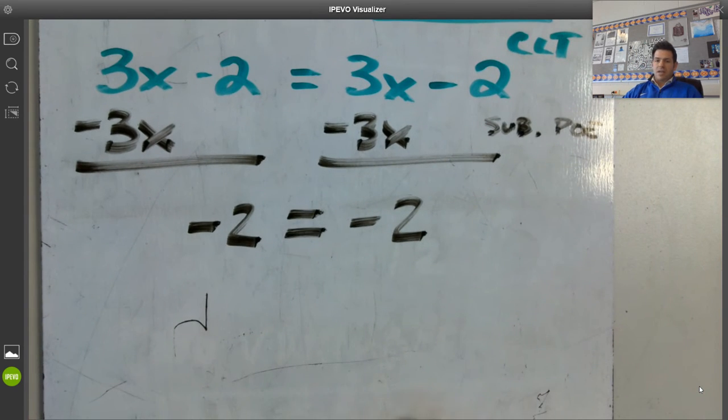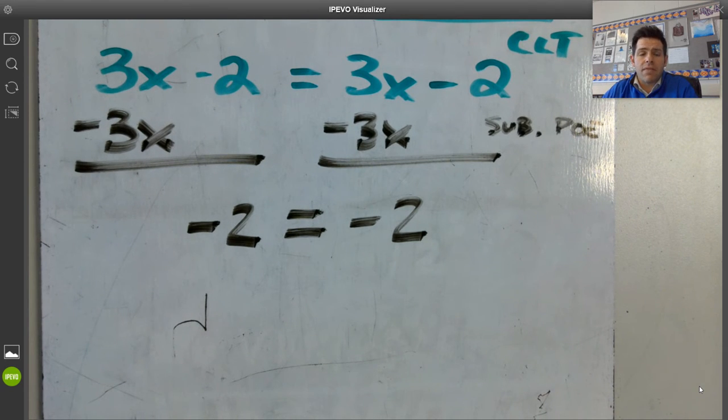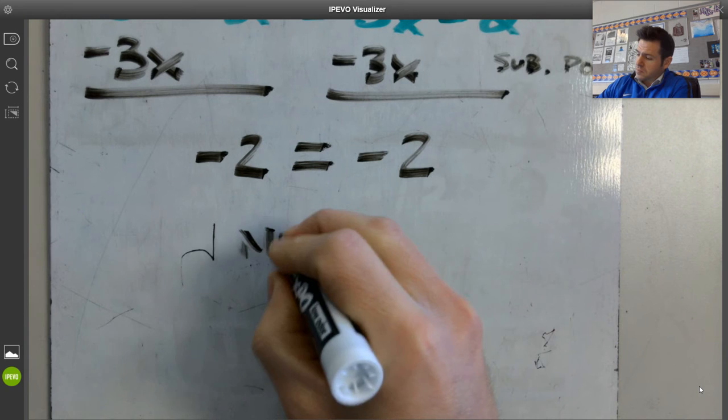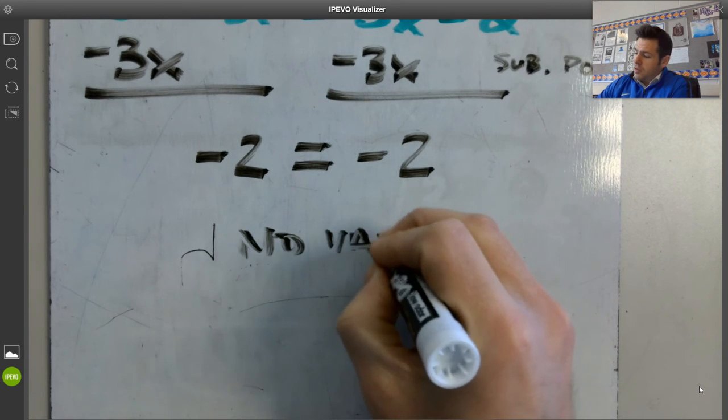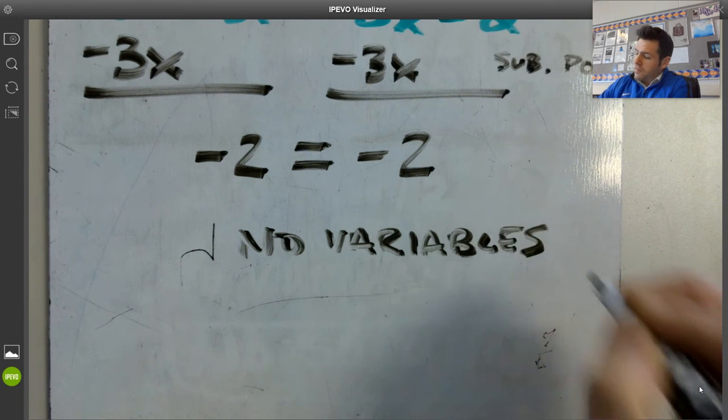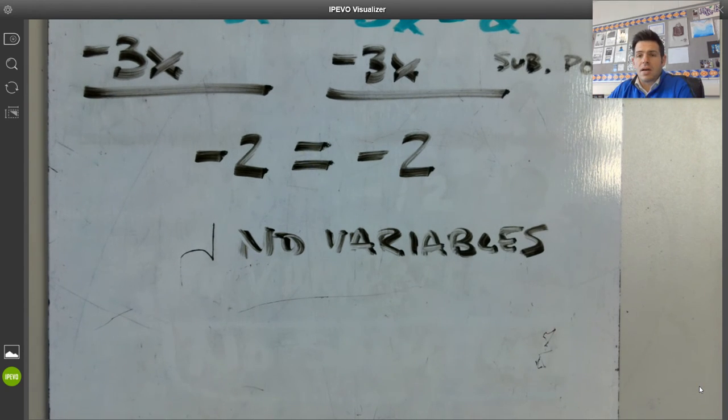And I have a scenario, again, where my variables have disappeared. I no longer have any variables in the problem. 3x minus 3x made 0. They went away. So there are no variables left in this problem. We've done plenty of problems where we have a variable left over, and that usually gives us a scenario where we have one answer, one solution to the equation.